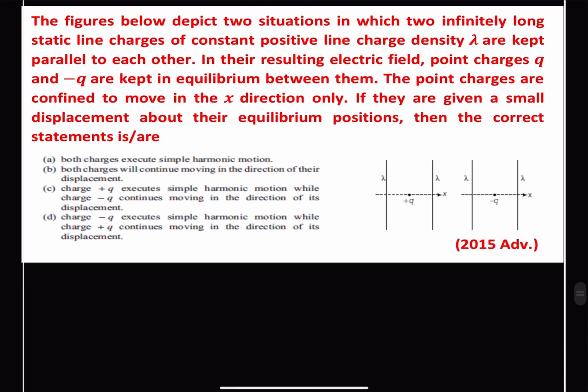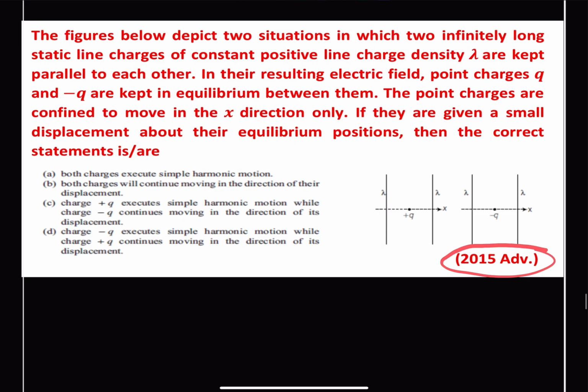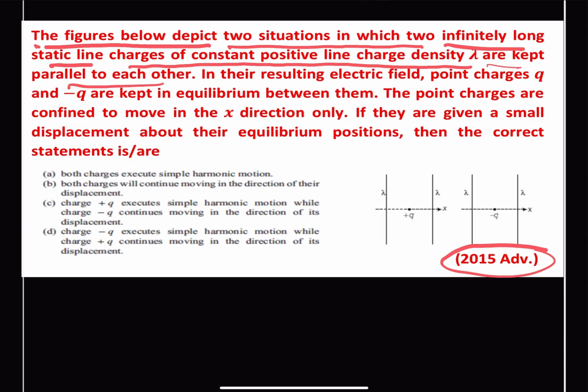It was asked in the year 2015 Advanced, and it states that the figure below depicts two situations in which two infinitely long static line charges of constant positive line charge density lambda are kept parallel to each other. In their resulting electric field, a point charge q and minus q are kept in equilibrium between them.